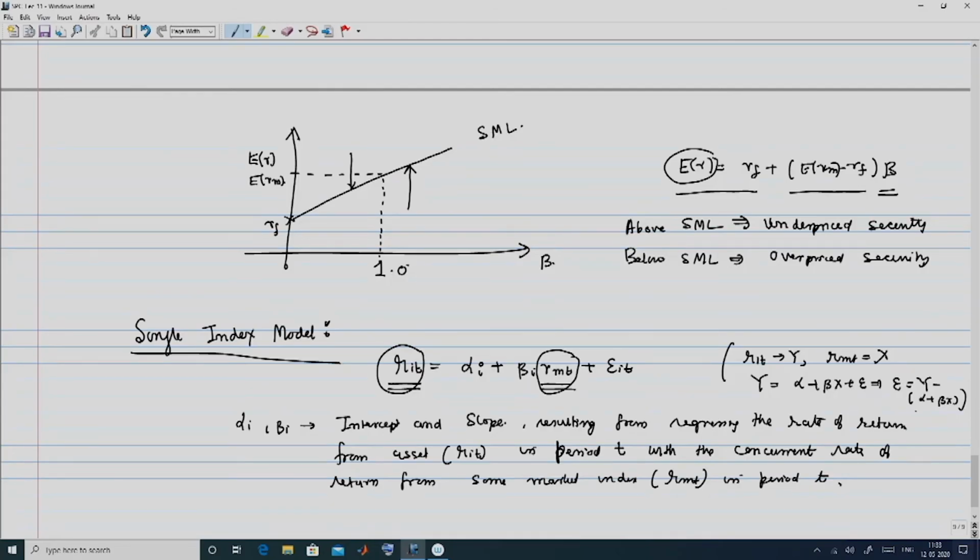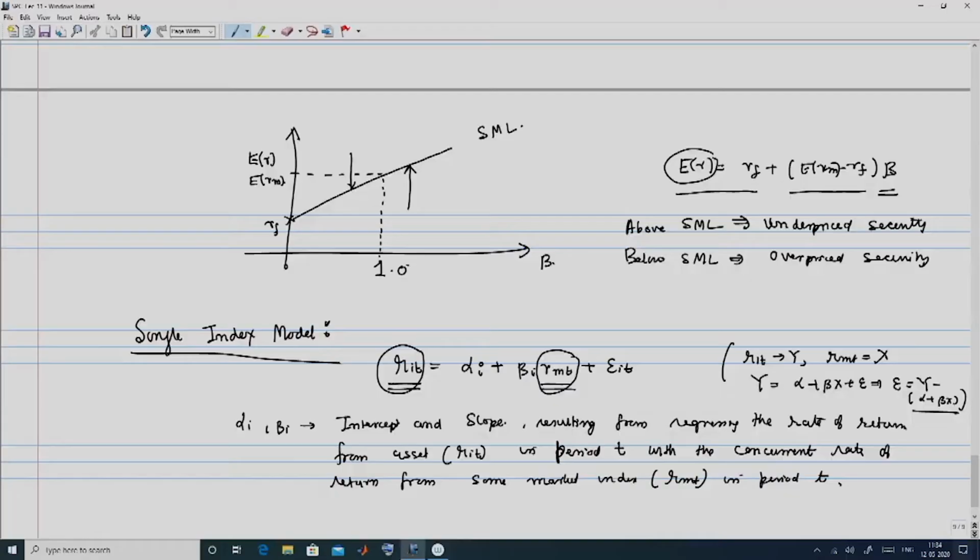Here alpha plus beta x gives a linear approximation to the return on asset I, and the difference between the actual return RIT and the one given by the linear regression form alpha plus beta into x is going to be the error.